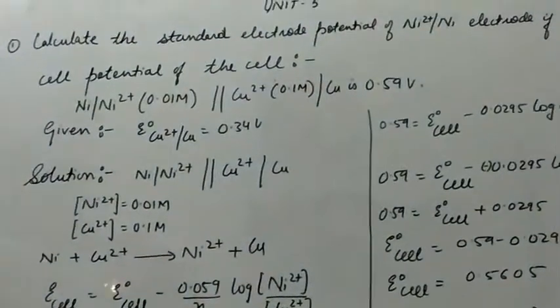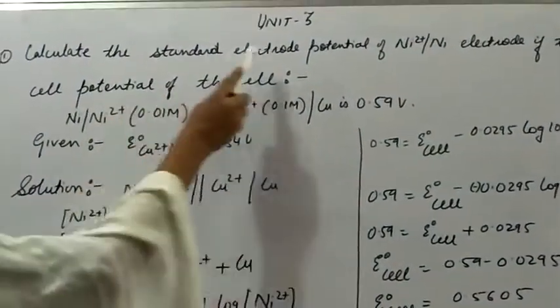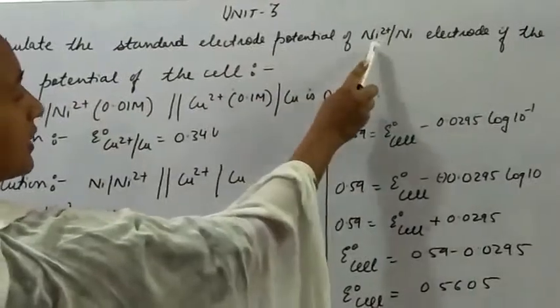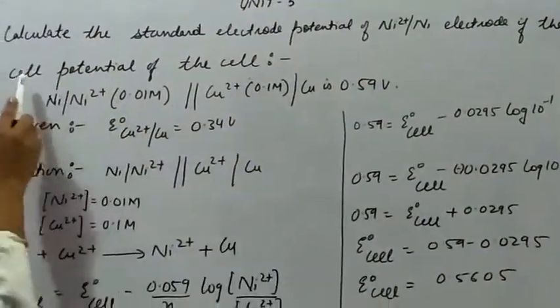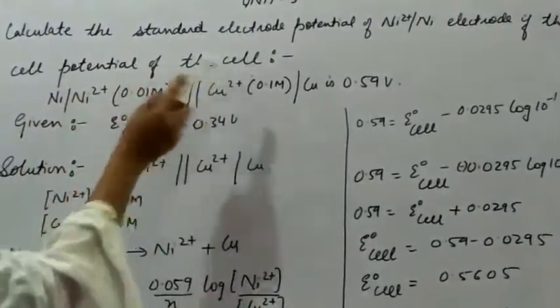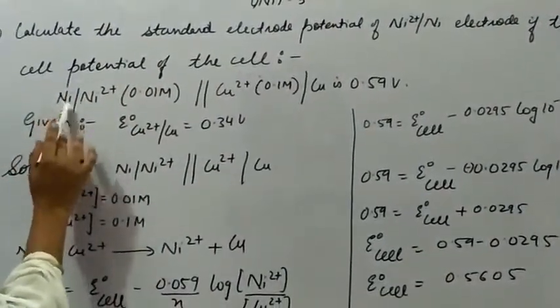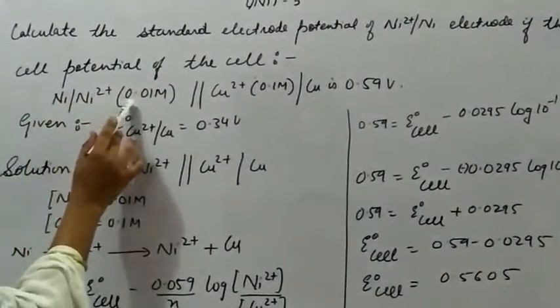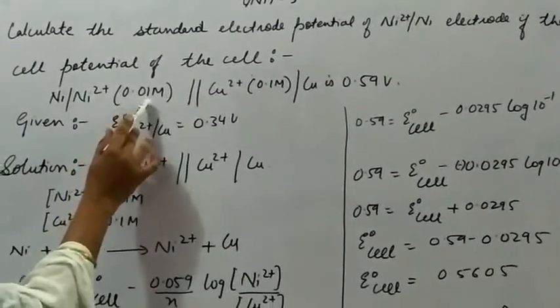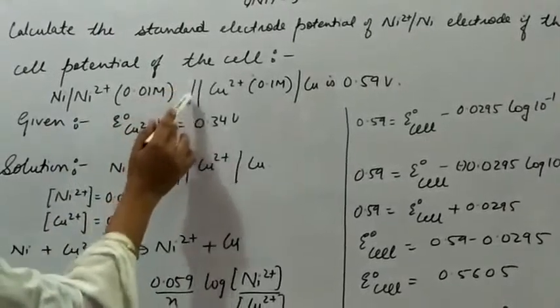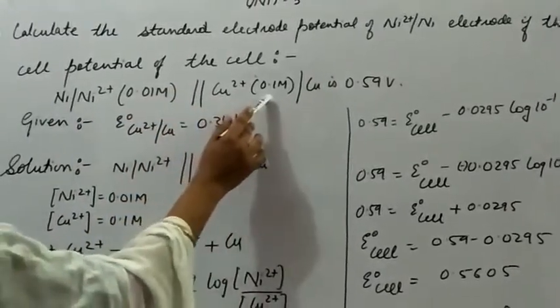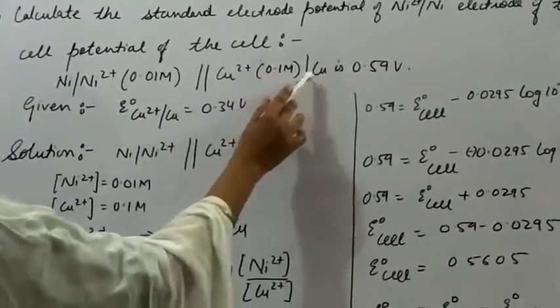Now in this numerical we have to calculate the standard electrode potential of the nickel ion electrode, if the cell potential of the cell is given. Ni half cell Ni2 positive, its molar concentration is given to us, salt bridge, copper ion, its concentration is given to us, half cell copper.